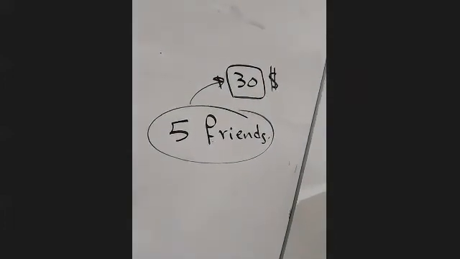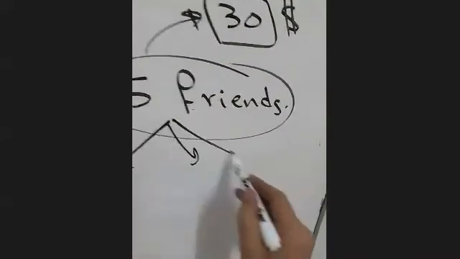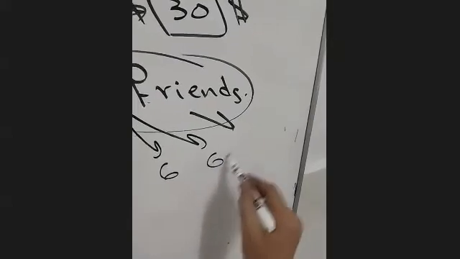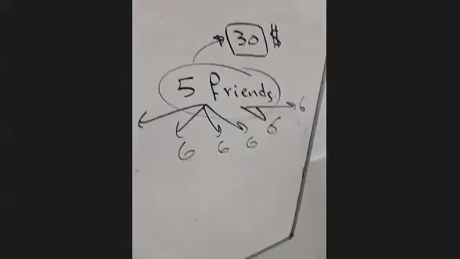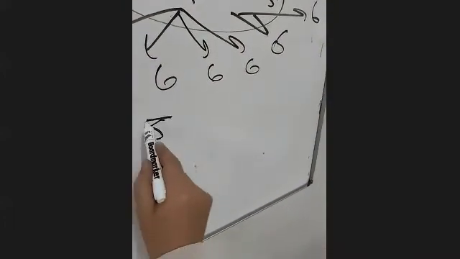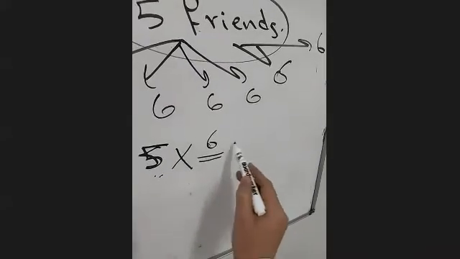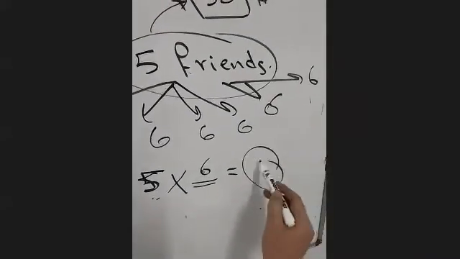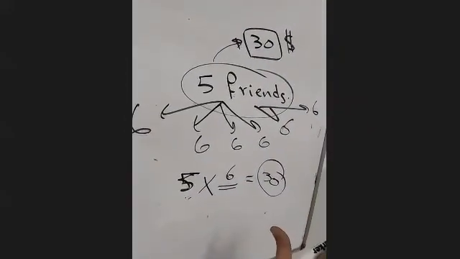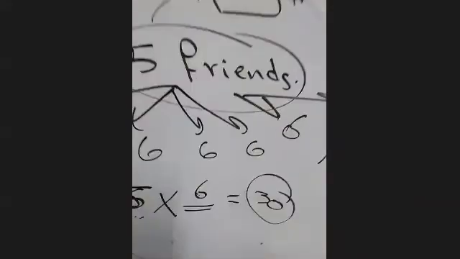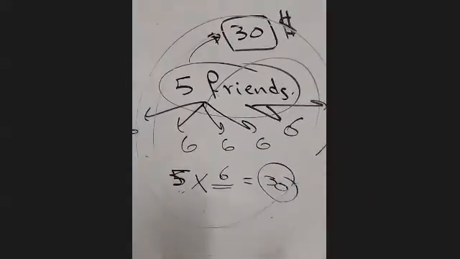Each one will pay how much? 6. Yes. 5, the number of the friends, multiplied by the money of each one, which is 6, should equal the total cost, which is 30. Do you understand the question? Yes. Hope all of you understand this idea, guys. When we share, we need to pay the same amount of money. Continue.